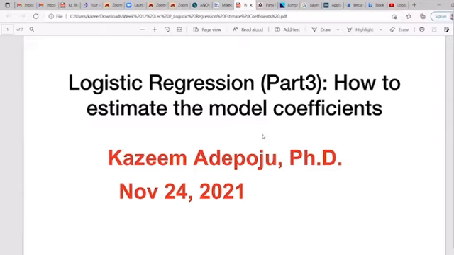So that is going to be the focus today. Even though you know how to run the code in R, it becomes necessary to also understand the method of statistics that was actually used in estimating the model coefficients.